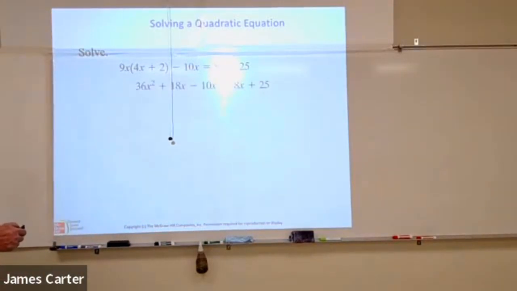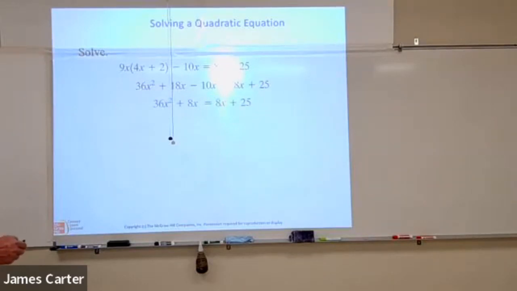They distributed this, got those two. And here's the negative 10x they just brought down, and here's those two they just brought down. So now they're going to bring these two over here and combine like terms. Well, I guess they didn't.